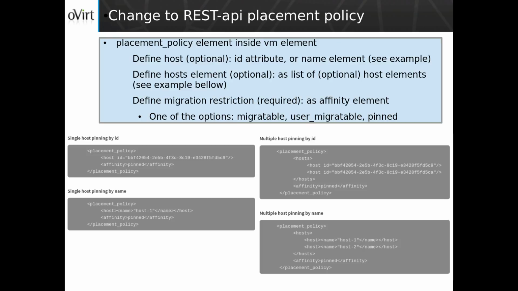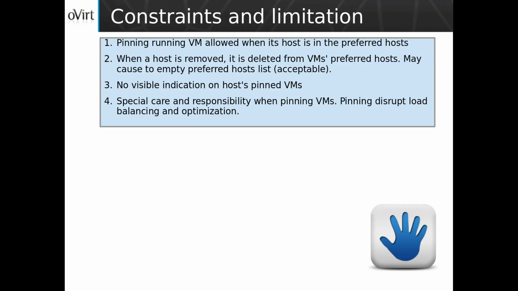A host element is uniquely identified with ID attribute or name element. And last, the affinity element, which defines the migration policy using one of the three options: migratable, user migratable, and pinned. And here we reach the last slide.